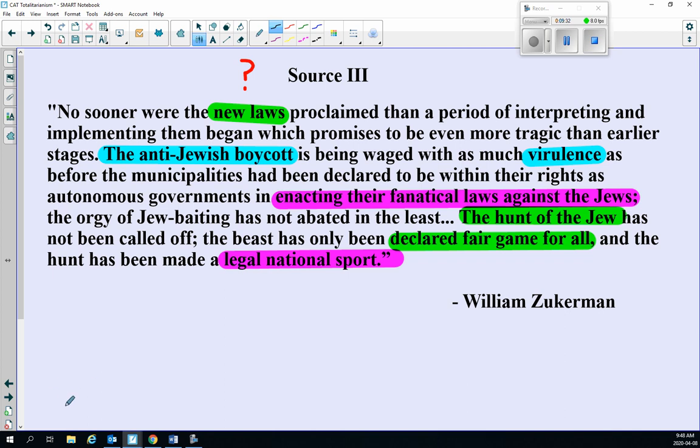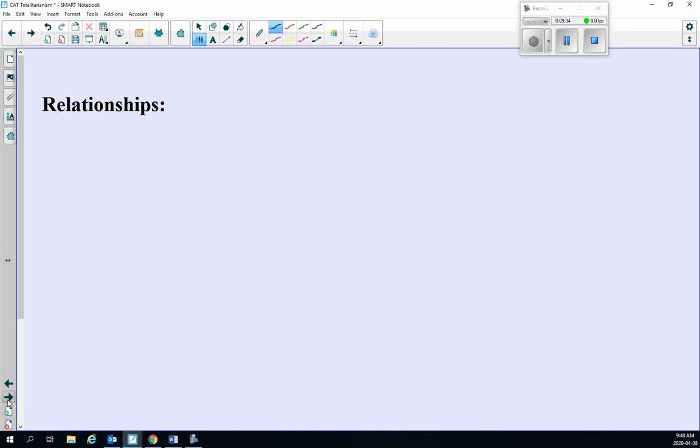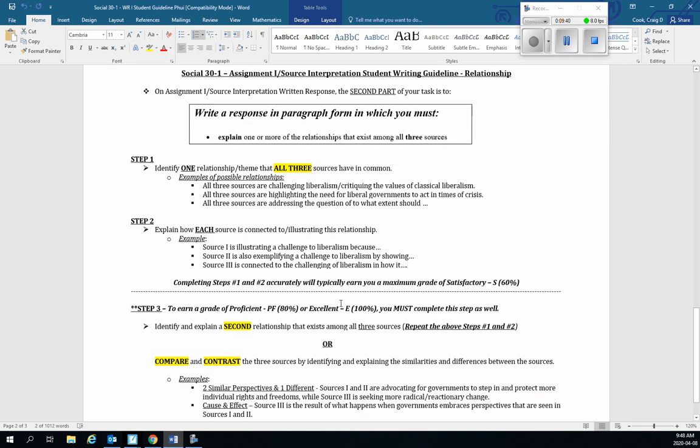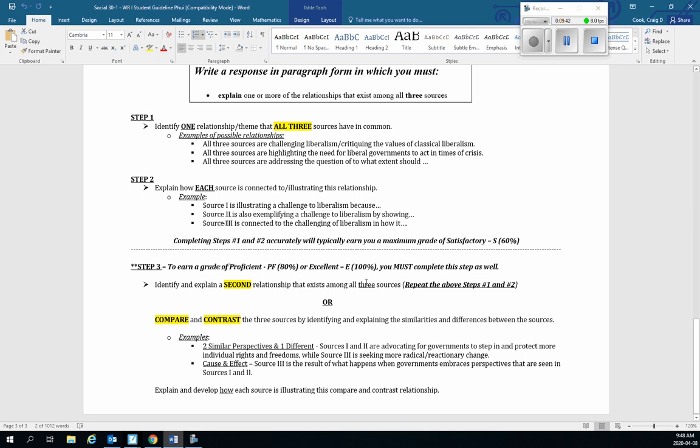So, in terms of a link among the three sources, and again, just to refresh your memory, what we want to do at this point is link them together with a common concept or theme. It could be as basic as totalitarianism. It might be something more specific like rule of law, when a government puts itself above the rule of law.